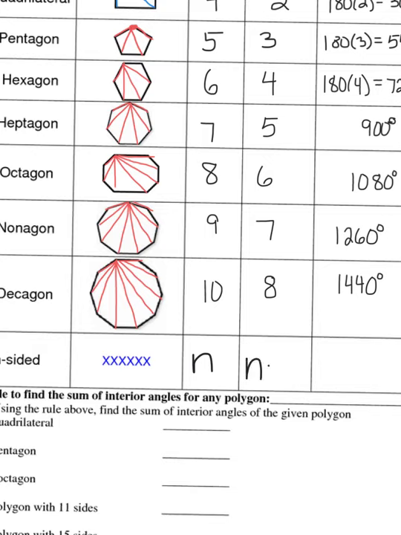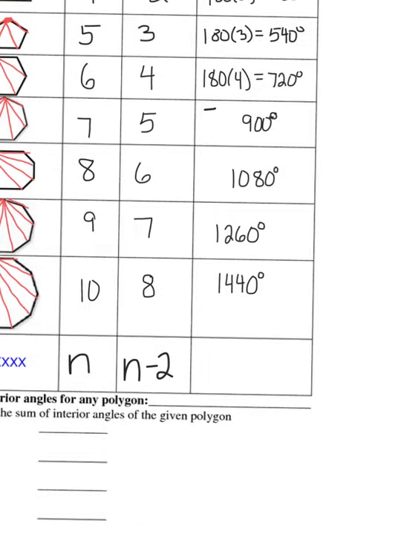So it's going to be the number of sides minus 2. And since each triangle is 180 degrees, we can find the sum for any polygon by taking 180 times the number of sides minus 2, and that would give us how many degrees are in a polygon.